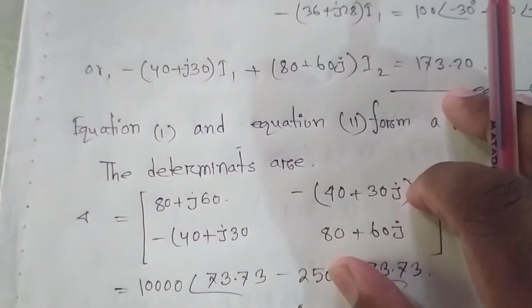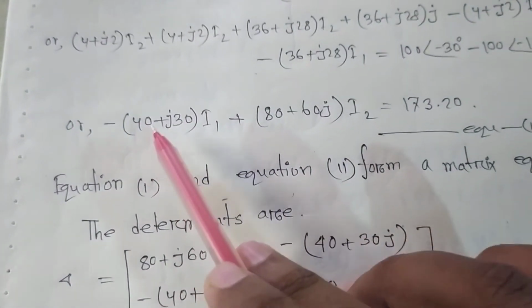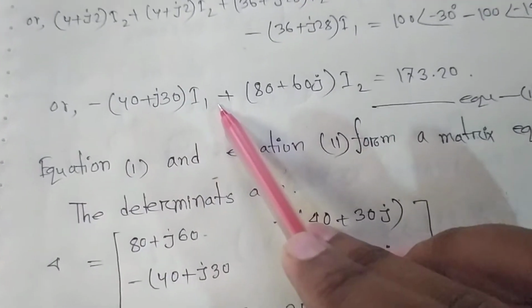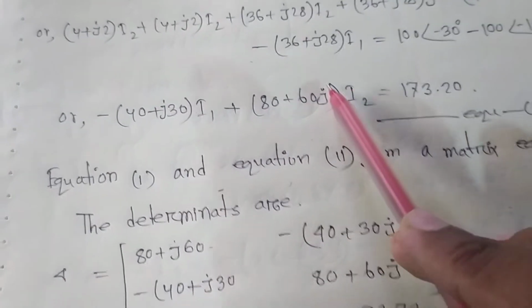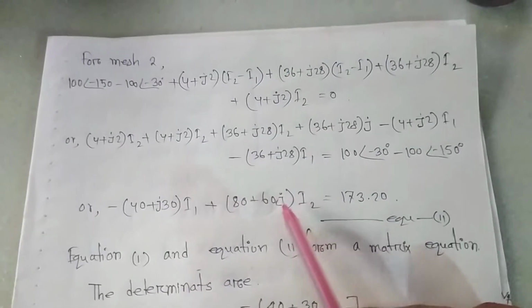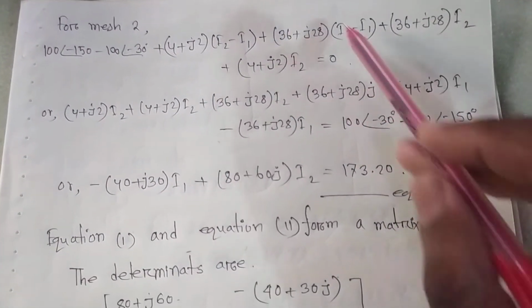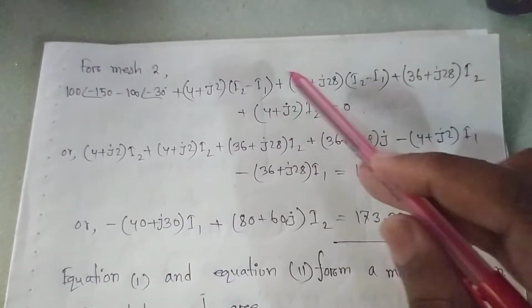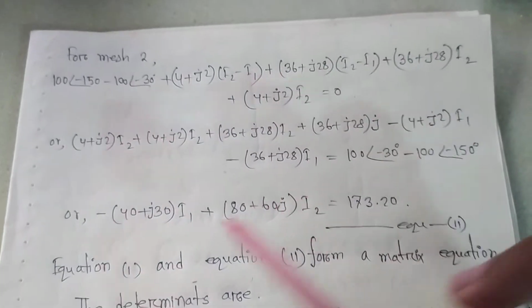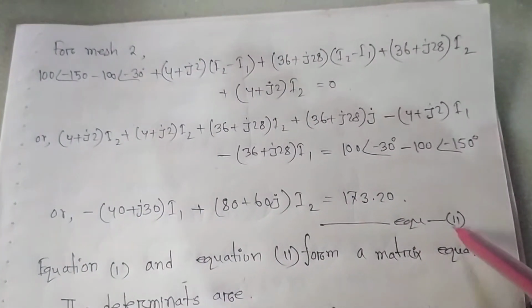So easily calculated: minus (40 plus j30) I1 plus (80 plus 60j) I2 equal to 173.20 angle. Using mesh analysis, this is equation 2.